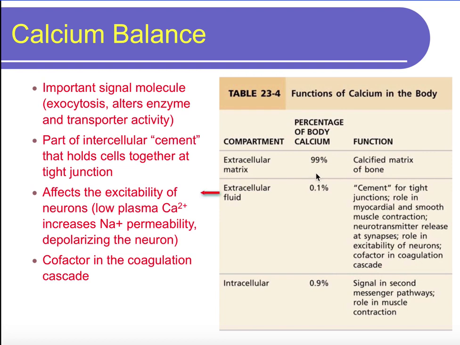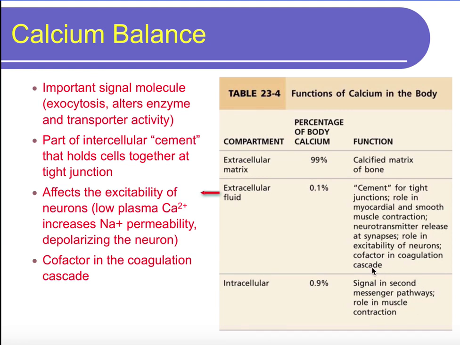So 99% of our body's calcium is found in our bone. 0.1% is in our extracellular fluid and 0.9% is found intracellularly. If you recall, we talked about some functions of calcium already. It can act as a signaling molecule inside cells.